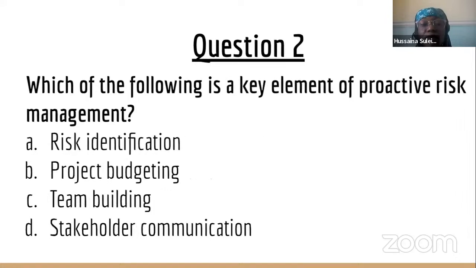Then question two, which of the following is a key element of proactive risk management? I listed four elements: risk identification, project budgeting, team building, stakeholder communication. Is A. Yeah, that's very good. So that's A, risk identification is one of the elements of proactive risk management.